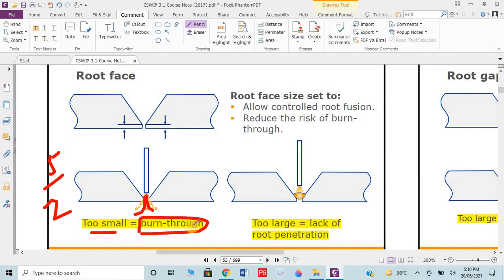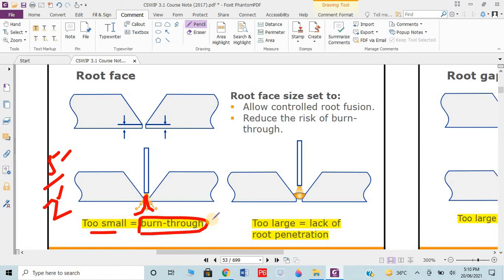If it tries to go outside, this defect is known as burn through. This is an important point. Burn through means the burn goes out from the boundary, all the way through. Why does it go through? Because the root face was too small. The design was 5, the actual is 2, so it is less than the design. It creates pressure and the flame will try to go outside.